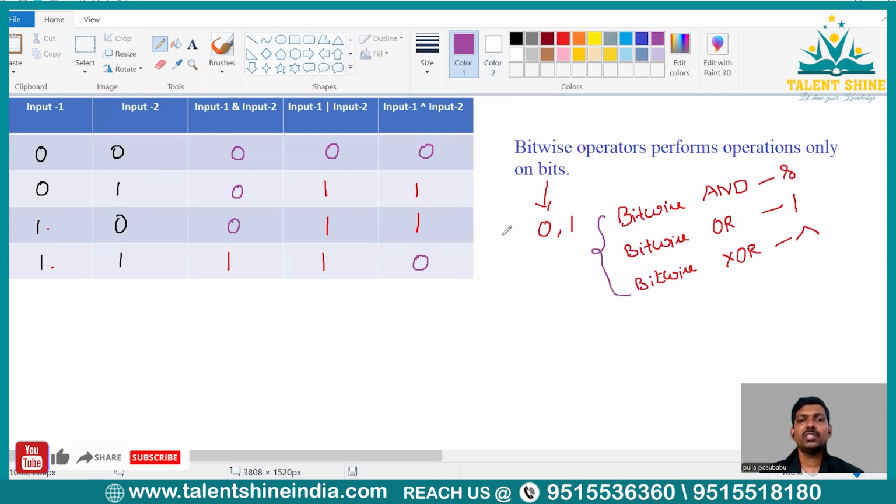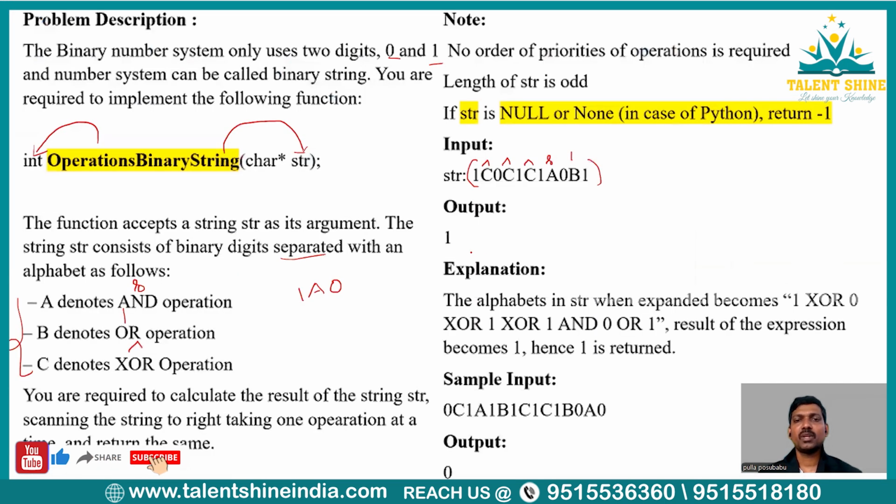Now, if you are familiar with this, you could easily solve the problem statement given here. So let us go back to the problem statement. We are going to use the info provided here. Let me write this sample input for easy understanding.